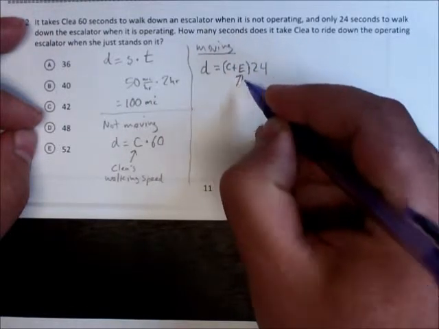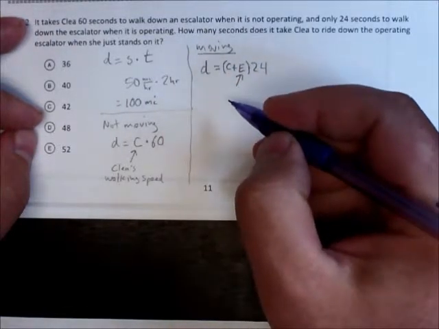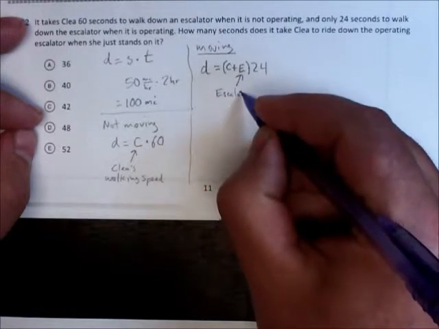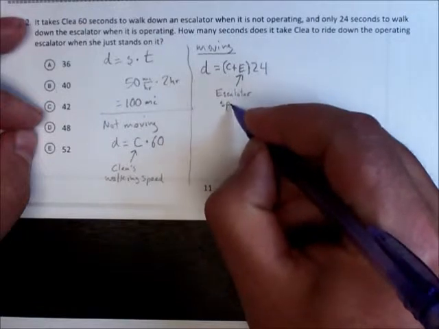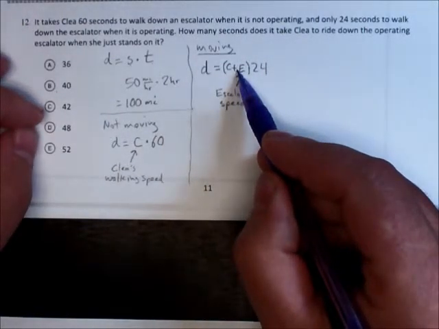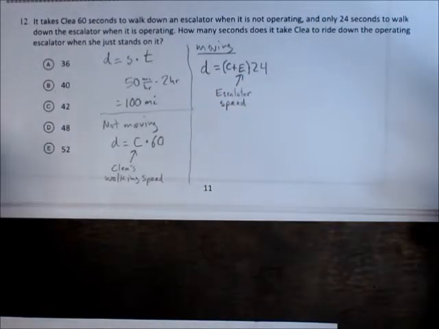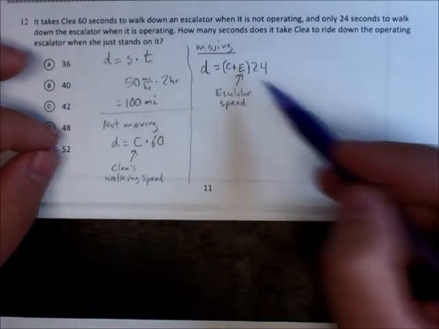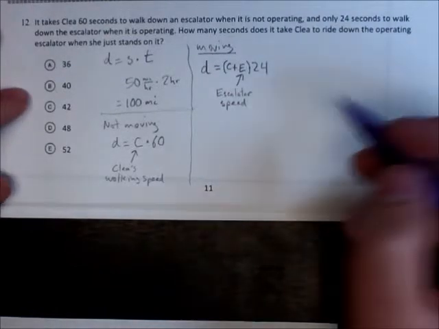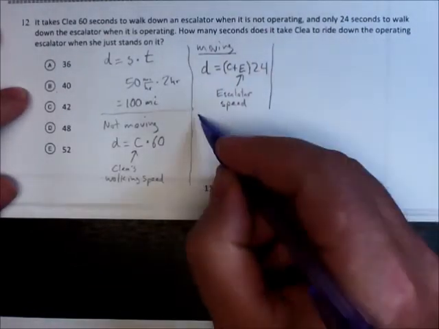The e is the escalator speed. She's walking plus the escalator is moving, and so this is going to be the speed combined. And so that's for when it's moving.